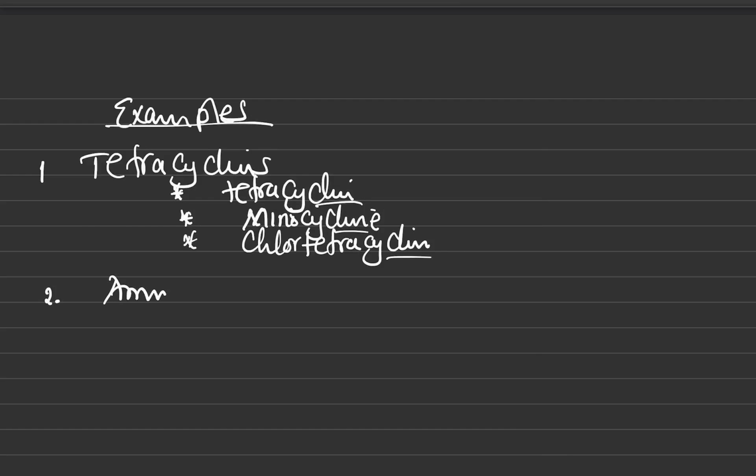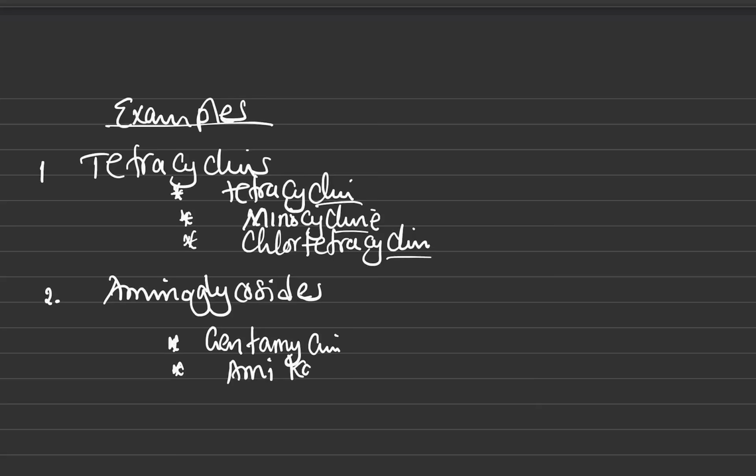Number 2, we have the class called aminoglycosides. Aminoglycosides, we have gentamicin, we have amikacin, we have kanamycin, and 4 streptomycin.